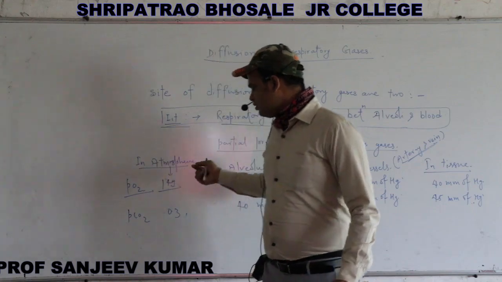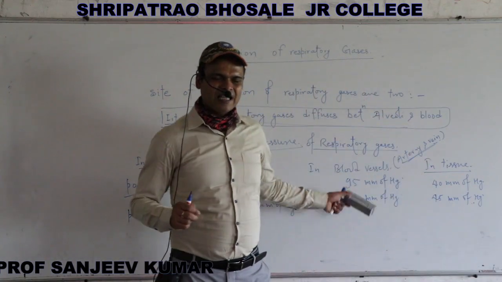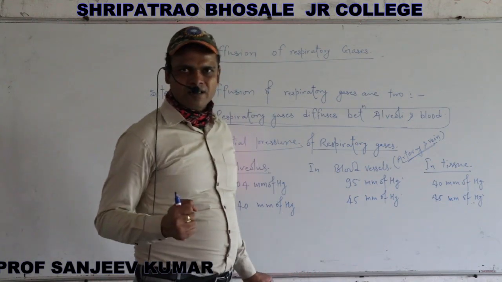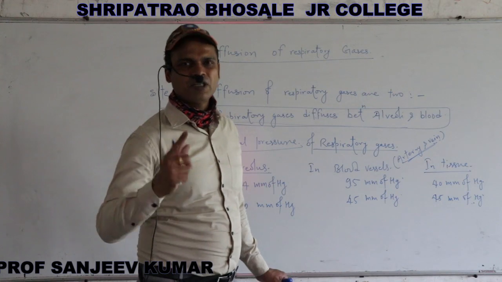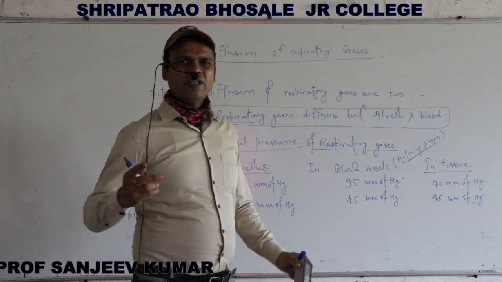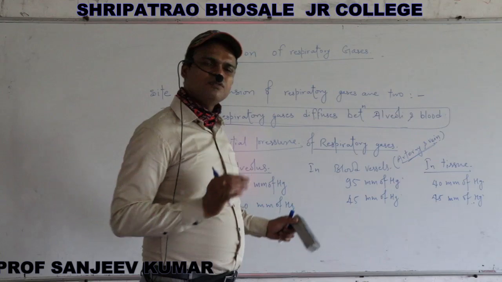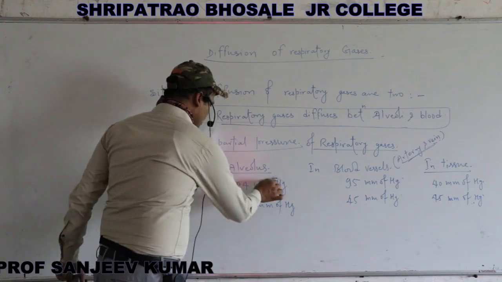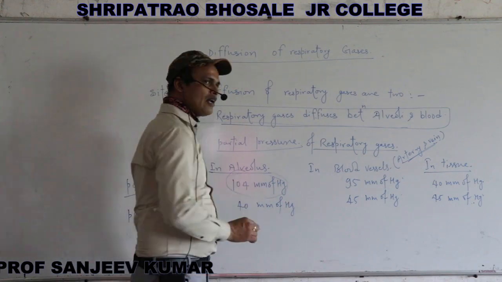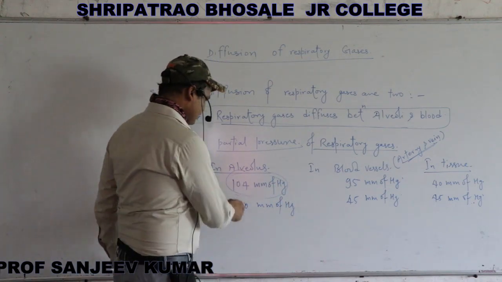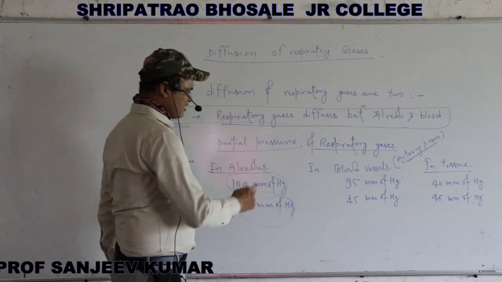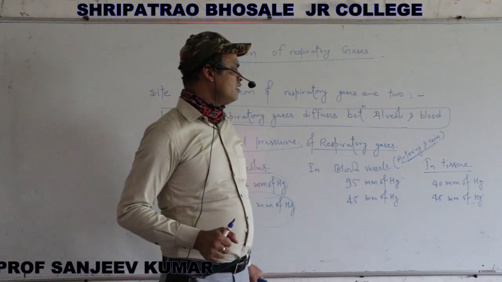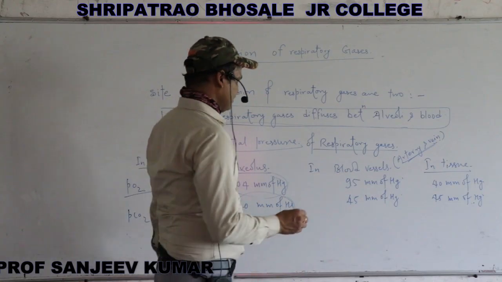It is written in NCERT also: the difference in partial pressure potential decides the direction of gas movement. In the alveolus, oxygen is at high potential, while in blood vessels oxygen is at low potential.